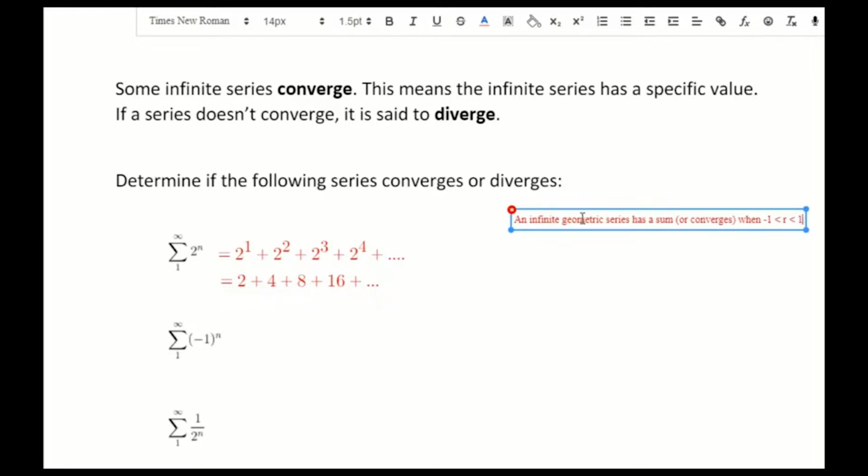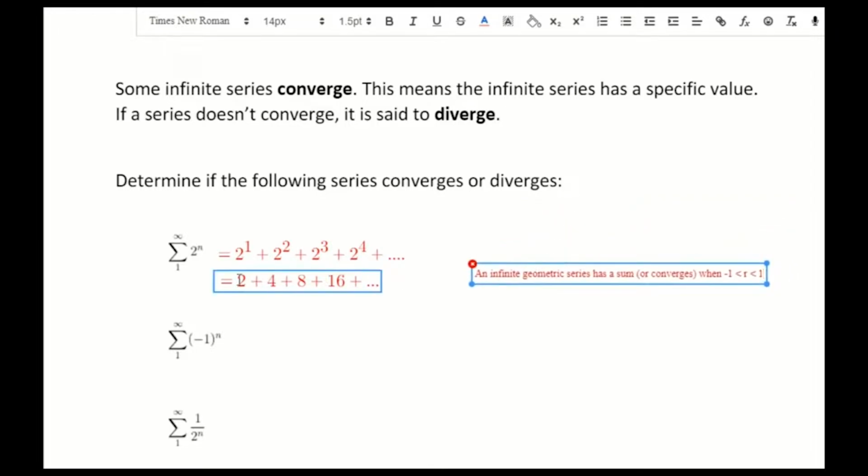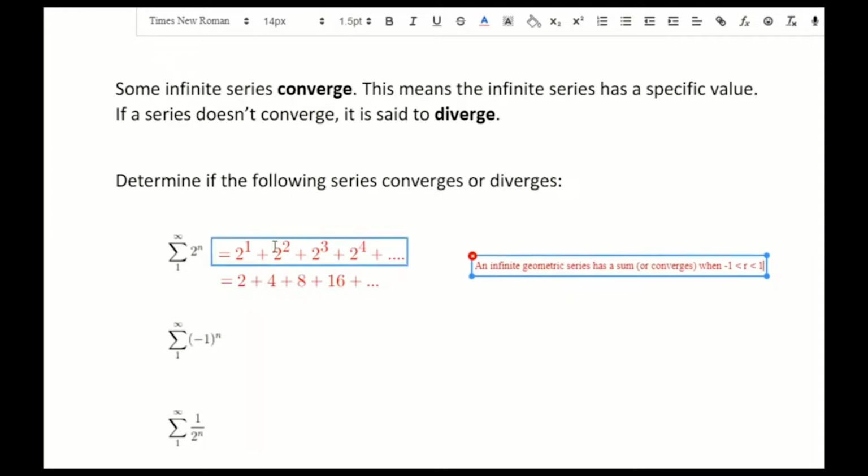Okay, so it's pretty obvious once you start adding up the numbers that this thing's going to go off to infinity. But if you recognize this as a geometric series and you note that this common ratio, which is 2, is not in this interval, then you know that it's not going to converge.